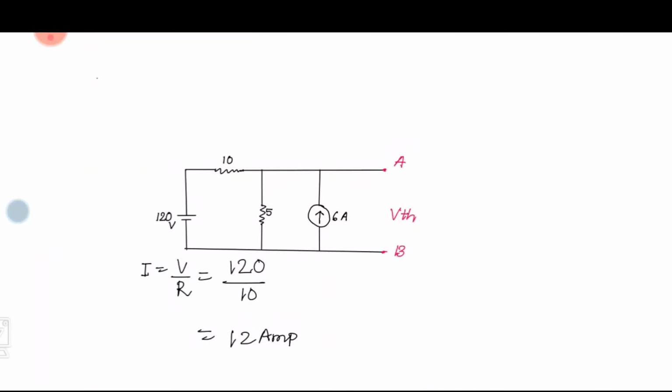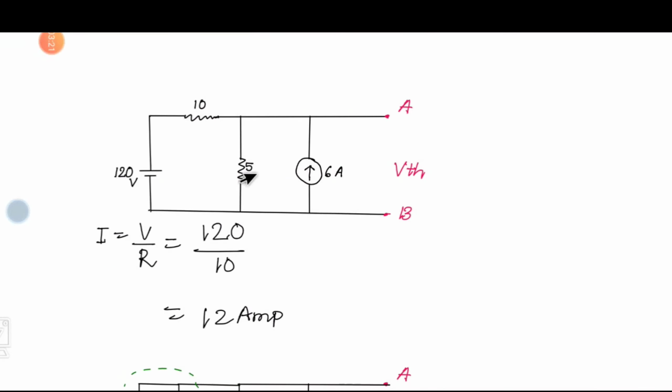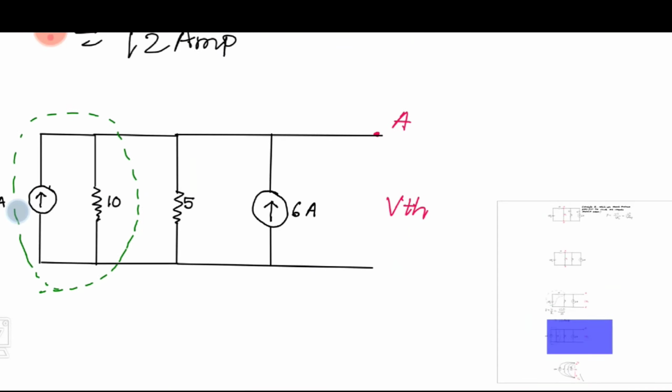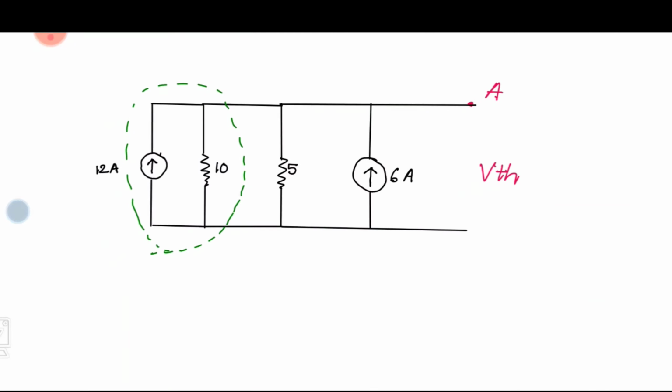Now after conversion the circuit looks like this. Here this is the current source of value 12 ampere and the 10 ohm resistance in parallel combination.